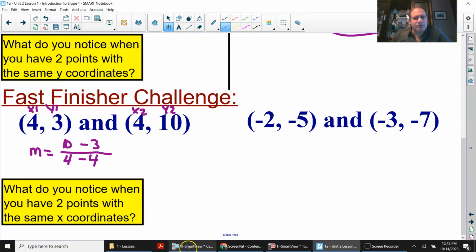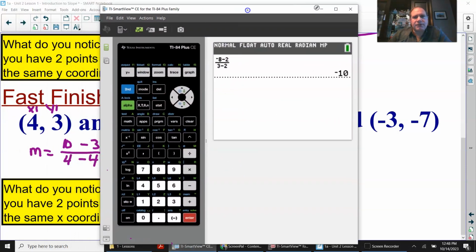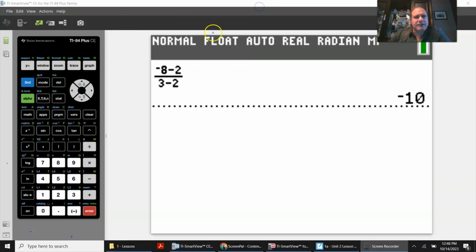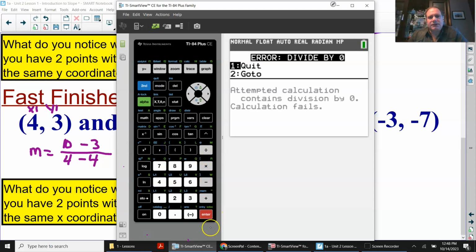Right? So I'm going to bring the calculator back up again, and I'm going to just move it over a little bit right here so I could see it. I'm going to press alpha x, and then I'm going to go 10 minus 3 over 4 minus 4. And you're going to notice something here. This is the reason why I wanted to bring it up. It says error, divide by 0.